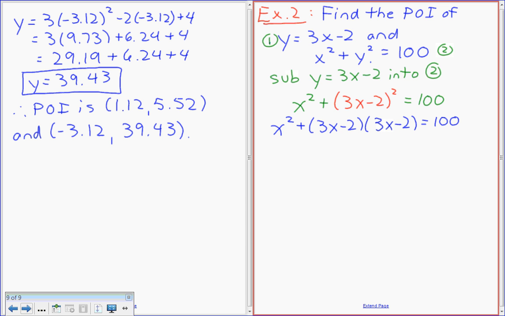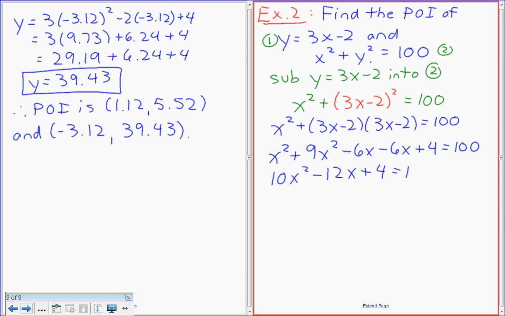Marissa, can you FOIL that for us, please? X squared plus, keep going. Good, 9x squared times 6x, great. Minus 6x, great. Plus 4. Okay, I'll neaten that up. So that changes to 10x squared minus 12x plus 4 equals 100.